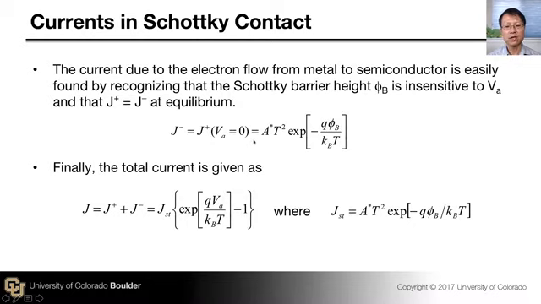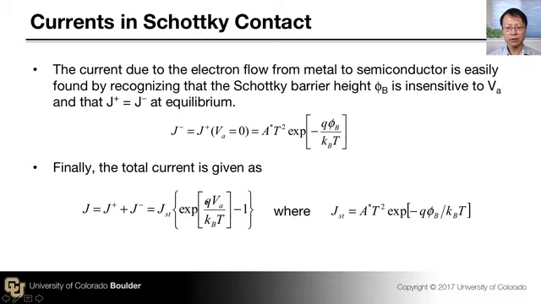So we just take the equation in the previous slide, plug in V_A equals 0, and let that equal J minus. Now you add those two, J plus and J minus, and you arrive at the final equation for the current in the Schottky contact.